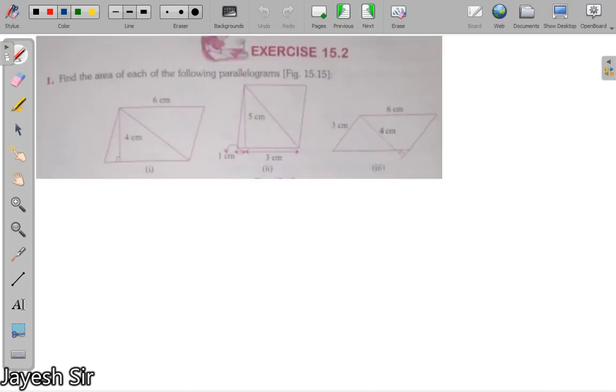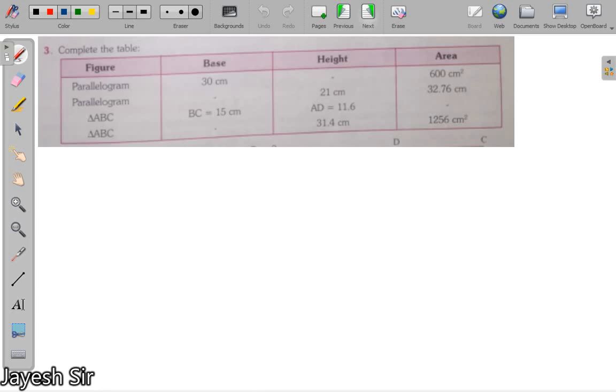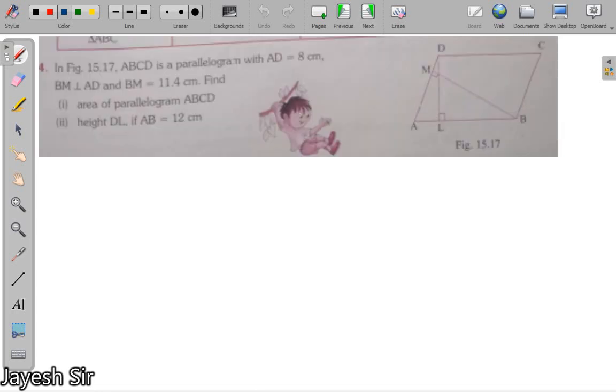Next we'll start with exercise 15.2. We will pause for a few questions. We will directly jump onto question number 4, and then we'll discuss what to do in questions number 1, 2 and 3. So let me darken the diagram for question number 4.